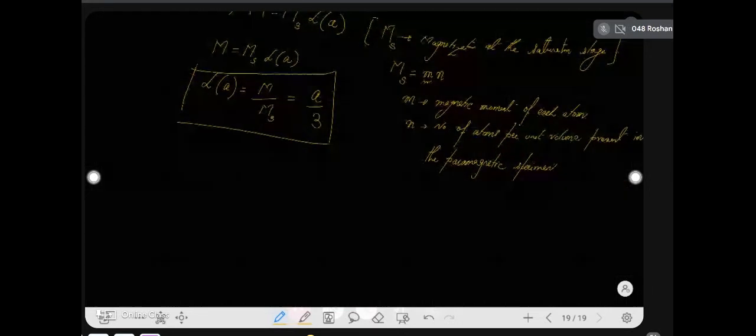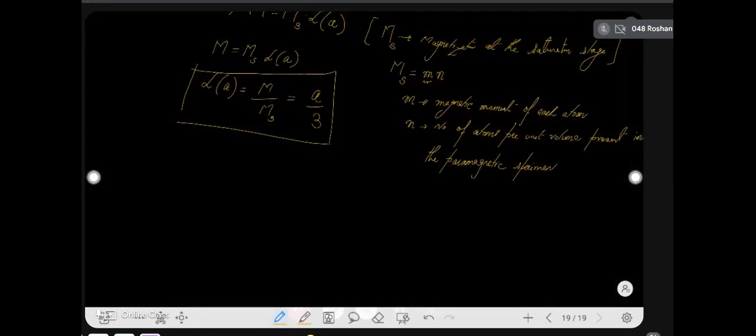So let us make a graphical representation of the mathematical calculation we are right now going through.